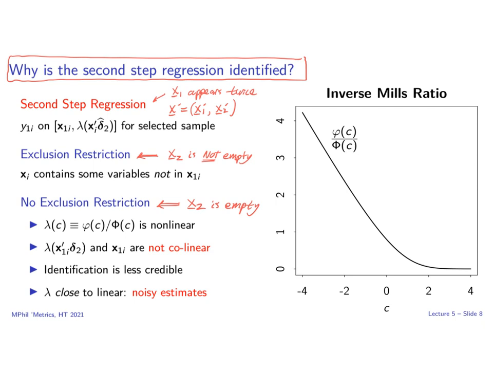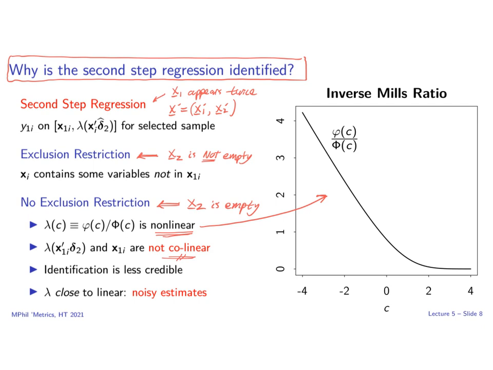However, the inverse Mills ratio function, namely lambda of c equals little phi of c divided by capital Phi of c, is in fact a nonlinear function, as we see at right, plotted for a range from -4 to 4. Because of this nonlinearity, lambda of x1 prime delta 2 will not be perfectly collinear with x1.